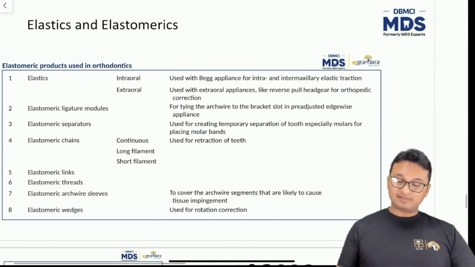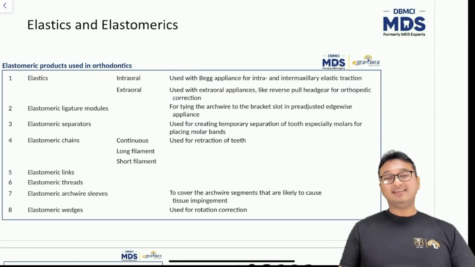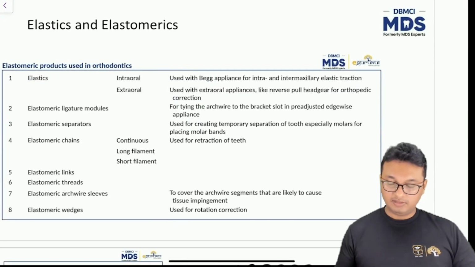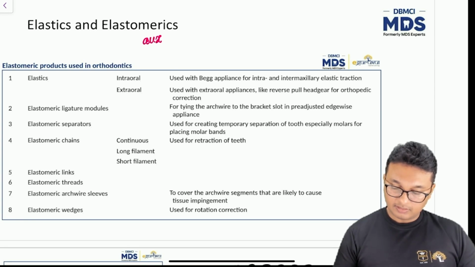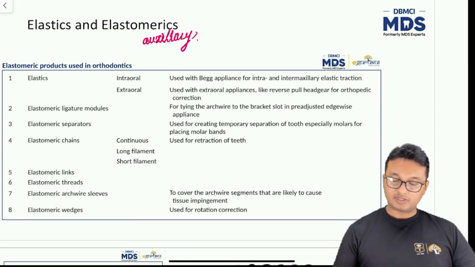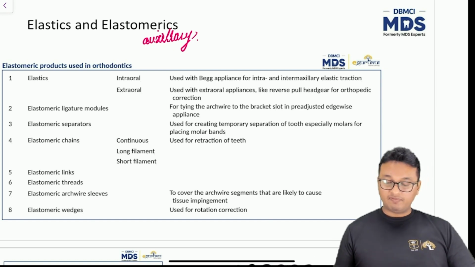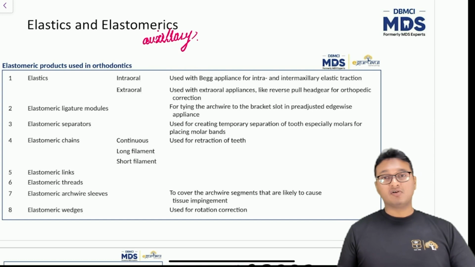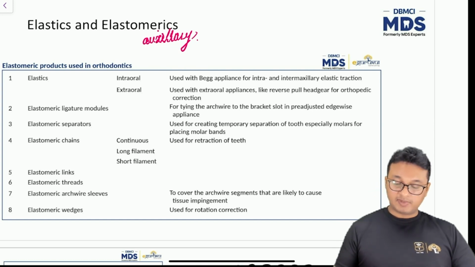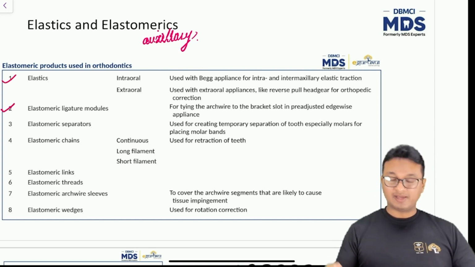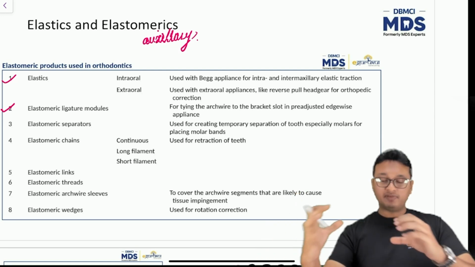Now coming to elastics and elastomerics. So these are orthodontic auxiliaries actually, which can be used in the orthodontic armamentarium. So we have intraoral elastics, we have extraoral elastics. We have elastomeric ligature modules which are used to ligate the arch wire to the bracket.